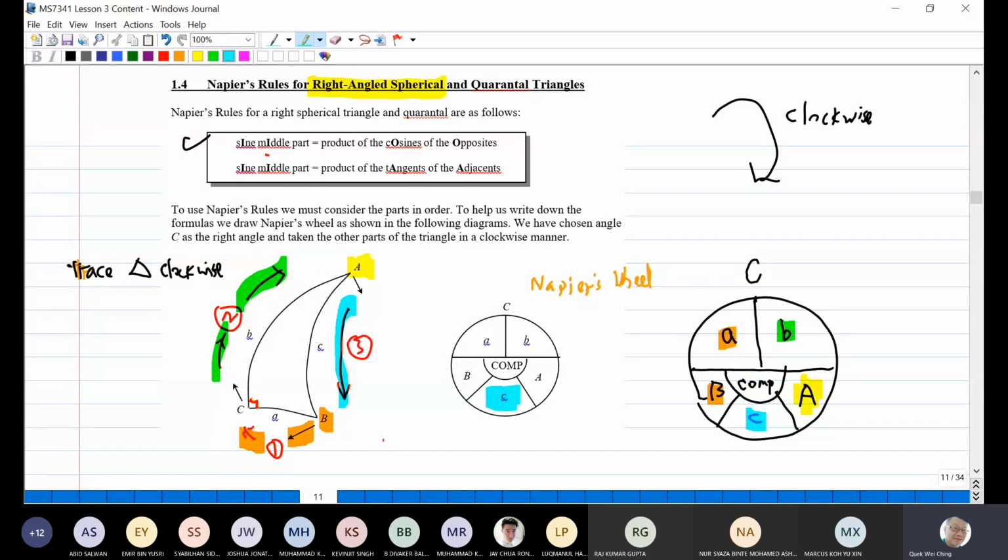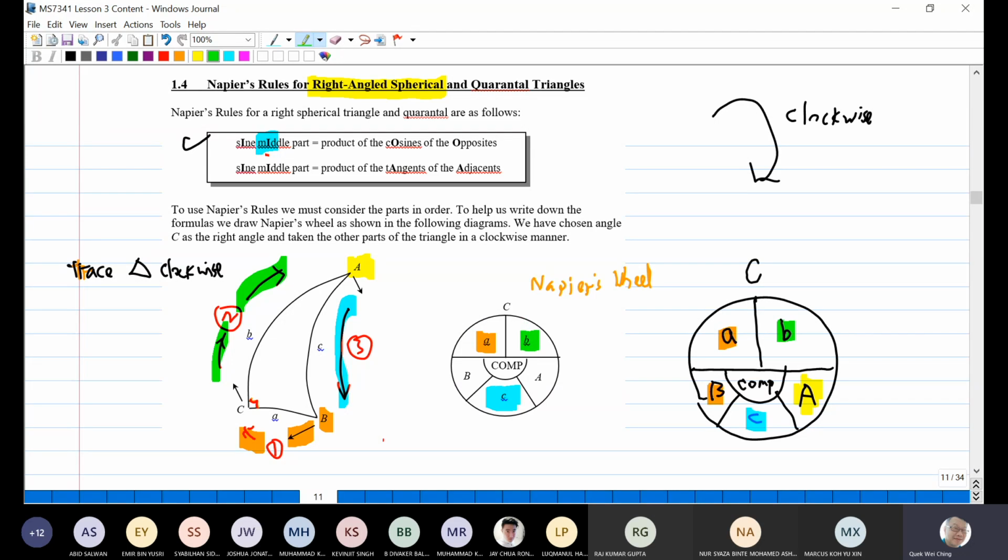There is always a middle part here. Then where is the opposite of the middle part? You can see that the opposite of the middle part is actually this one and this one.